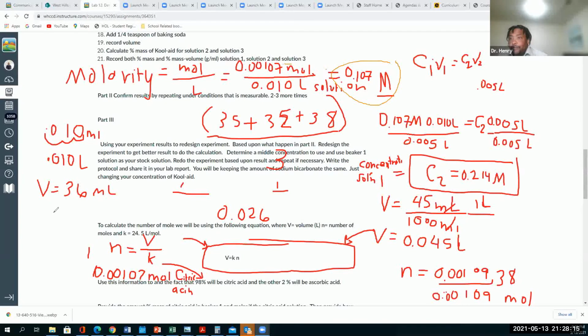That volume is what you're going to plug in here to calculate the number of moles of that gas. Those moles are going to be the same number of moles of acid that we have. If we solve for n, we get the number of moles of acid because there's a 1-to-1 ratio for this reaction of gas to our acid.